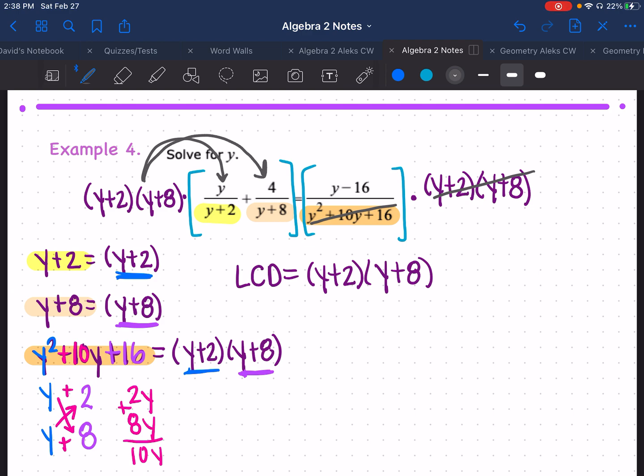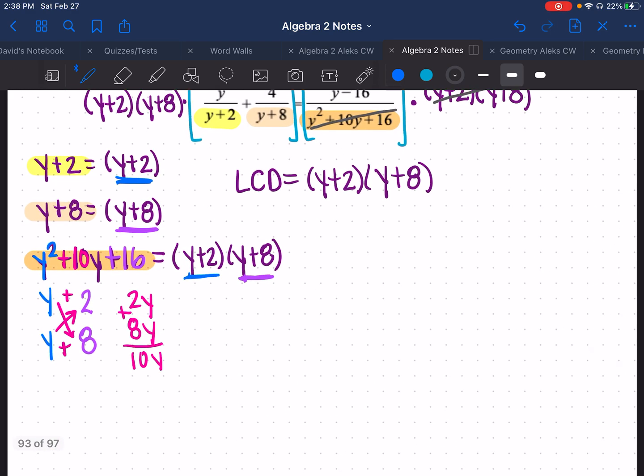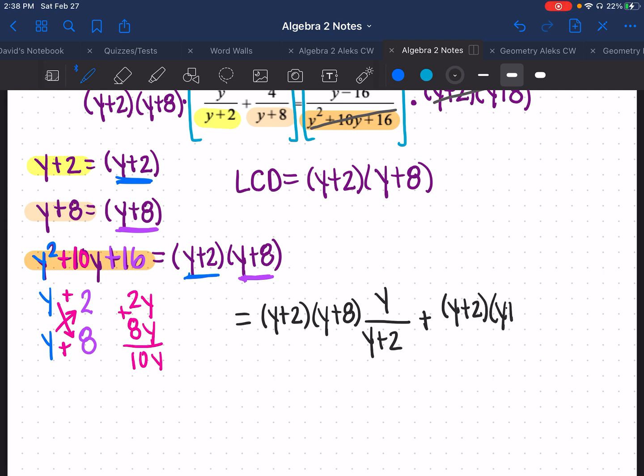So let me go ahead and show you that down here. So what's going to happen is I'm going to multiply my LCD times my first fraction, plus my LCD times my second fraction.